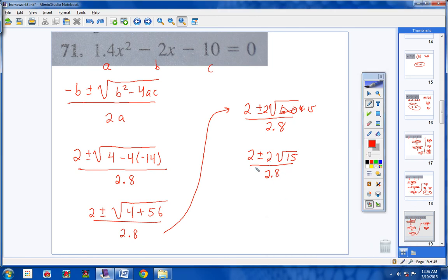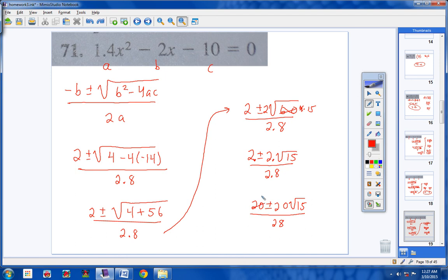So let me show you what I mean. I have a decimal here, even though I can't see it, and a decimal here. So I move the decimal one place, that's 20, plus or minus, move this decimal one place, 20. Now you do not move the decimal inside the radical, because this is all one term right here. And move the decimal one place in the denominator. That's 28. You can reduce outside numbers as long as you can do it to all three of them. 4 goes into all three of them.